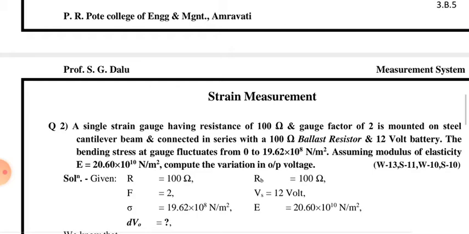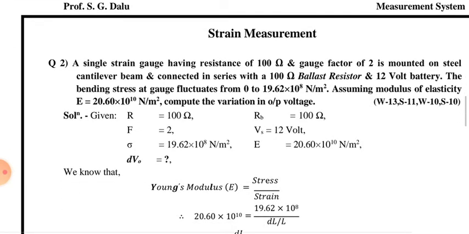Compute the variation in output voltage. Means we will have to calculate the change in output voltage. So which relation can we use first? That is Young's modulus, capital E equal to stress upon strain. Stress is directly given to us, 19.62 into 10 to the power 8.